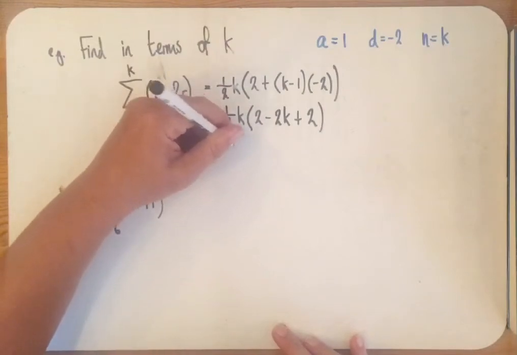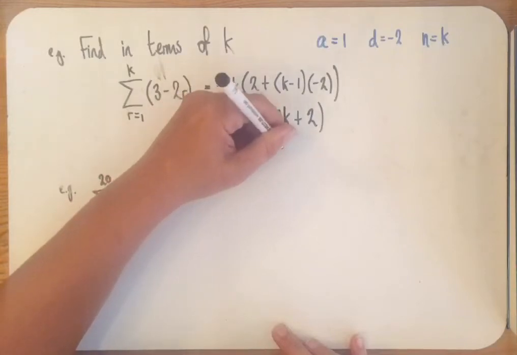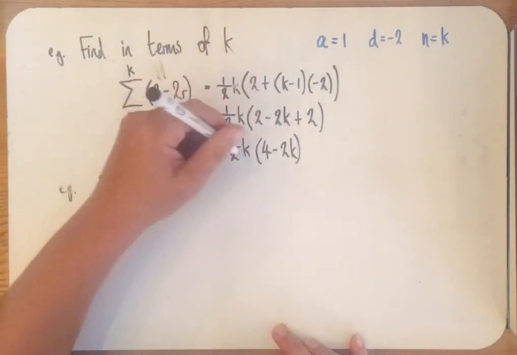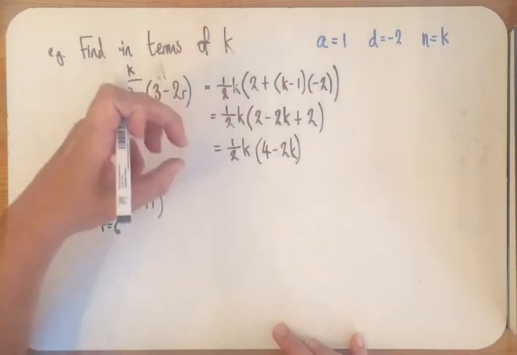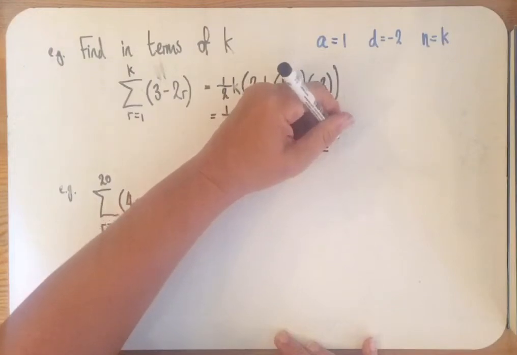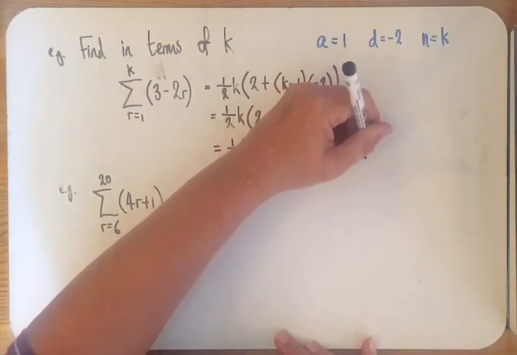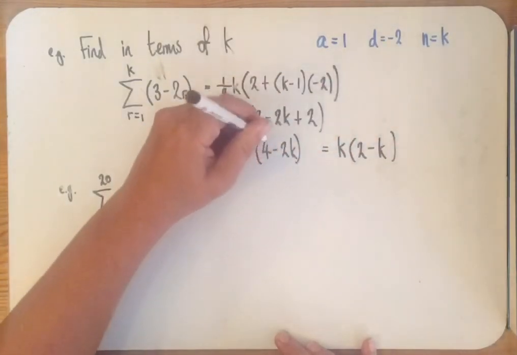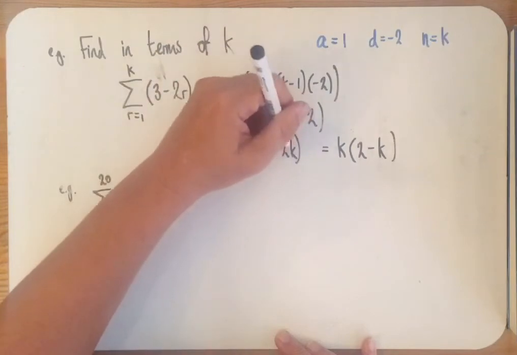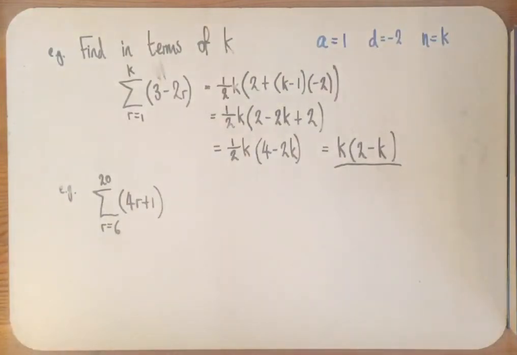And then that leaves me with a half k, 2 plus 2 is 4, 4 minus 2k. And it would make sense to pull 2 out as a factor and do a half times 2 is 1. So half times 4 is 2 minus k. But I would pull fractions out rather than put fractions into a bracket. And so that's that one factorised. So you get 2k minus k squared for that sum of the first k terms.